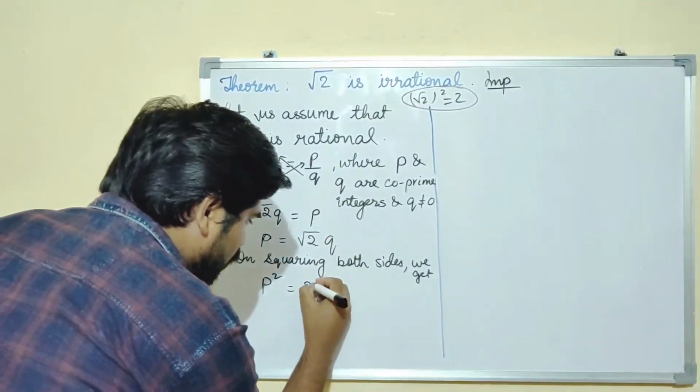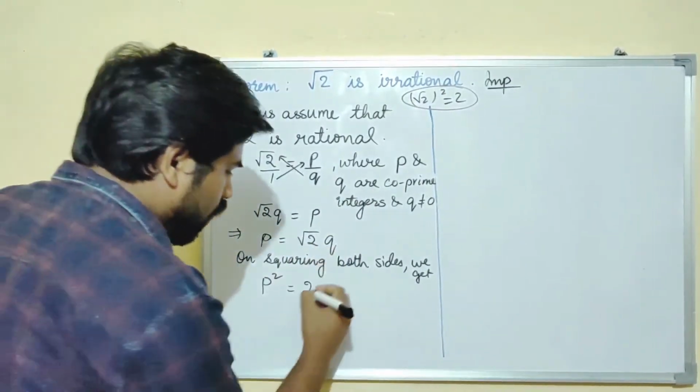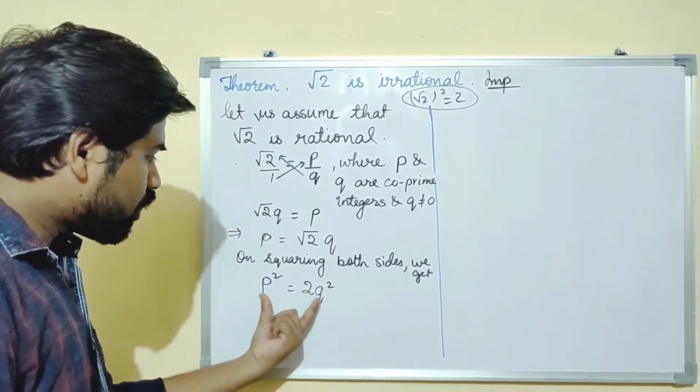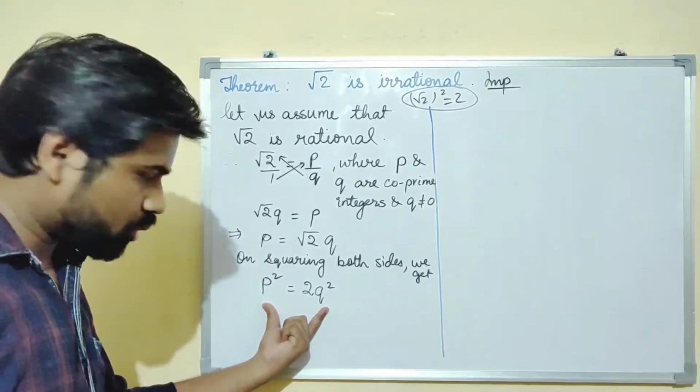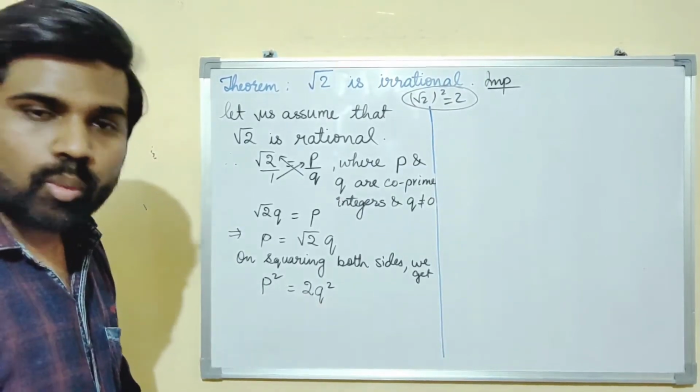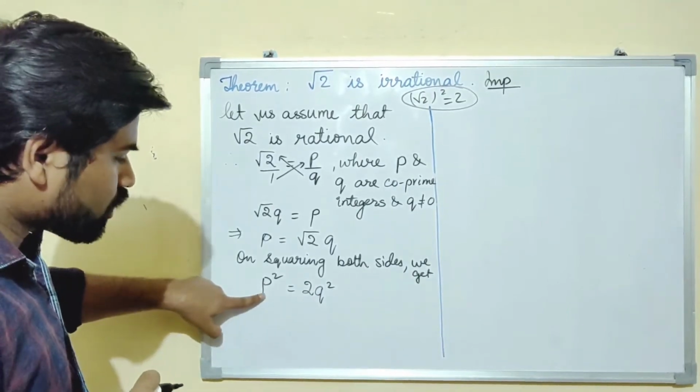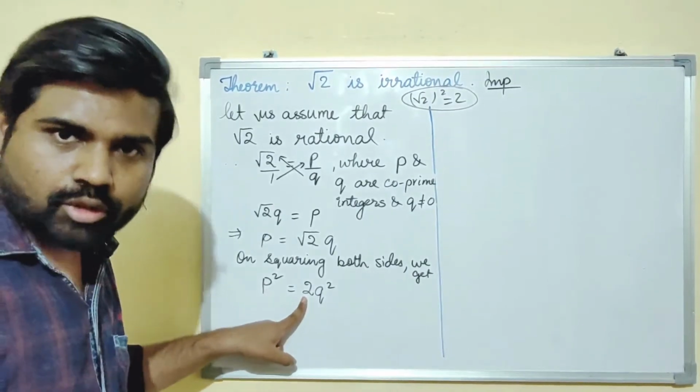So we write 2 here, and Q will be squared as Q square. Now what conclusion can we draw through this expression? We can say that yes, P square is divisible by 2, right?